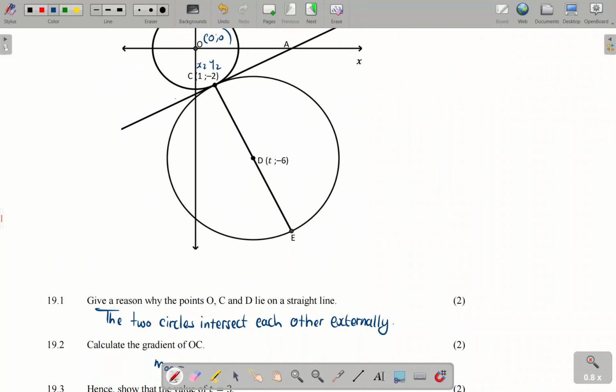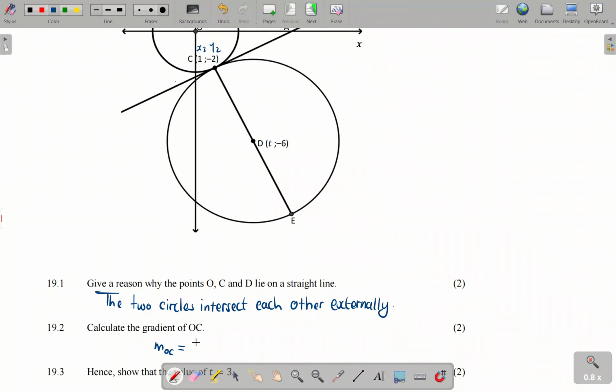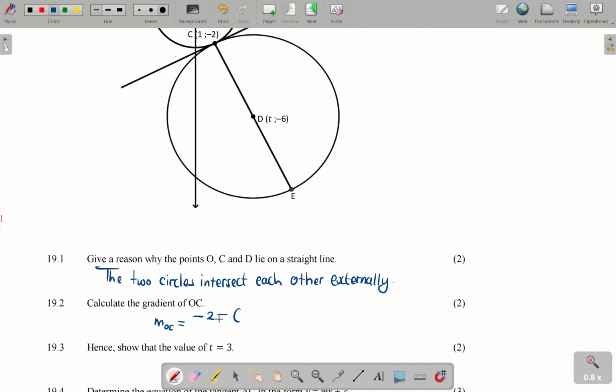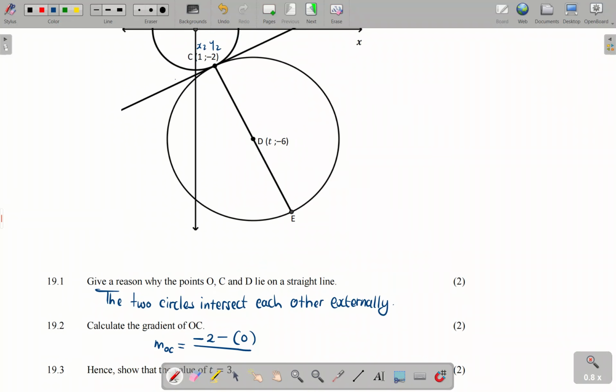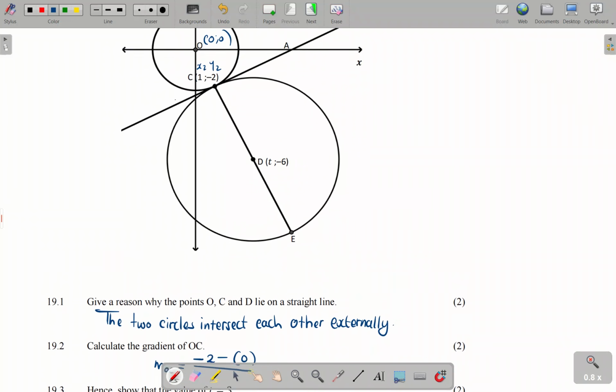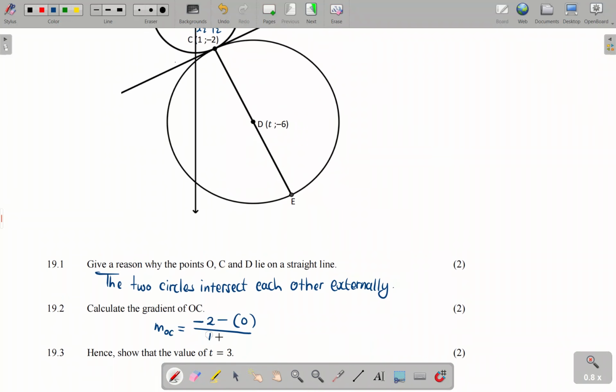So your Y2 is -2, minus your Y1, which is 0 for O, all over your X2, which is 1, minus 0. So this will give you -2.